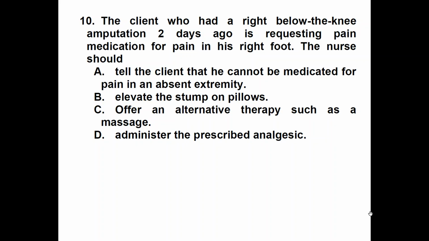The site of action of NSAIDs is primarily the periphery at the receptor site, where NSAIDs serve an anti-inflammatory function and prevent the production of prostaglandin. The answer here is letter D, administer the prescribed analgesic.